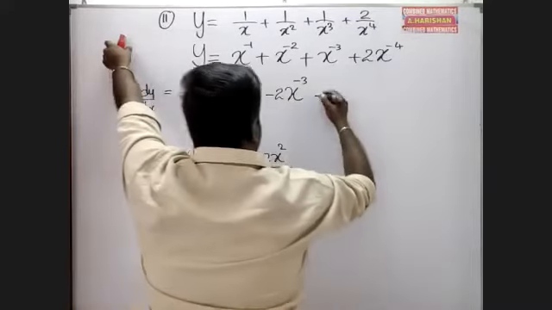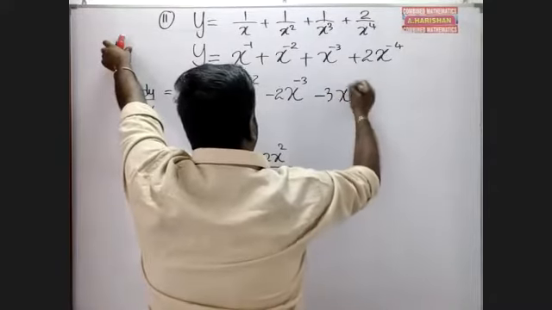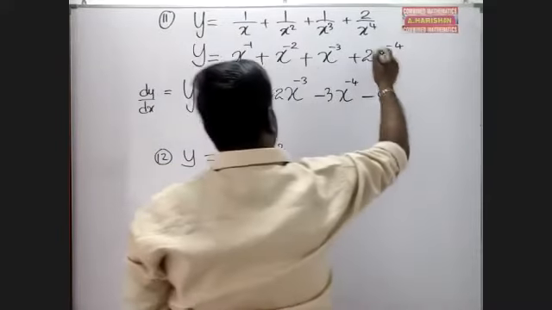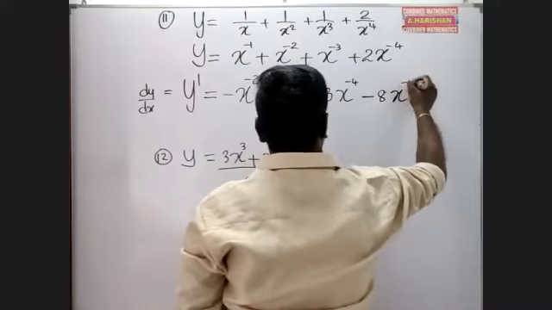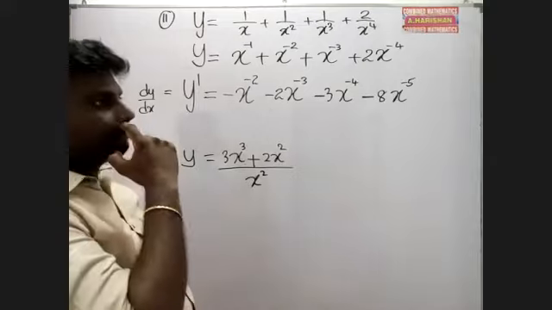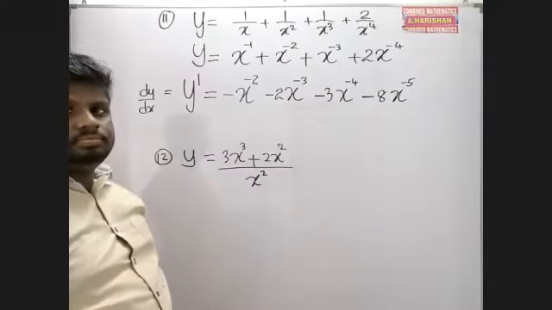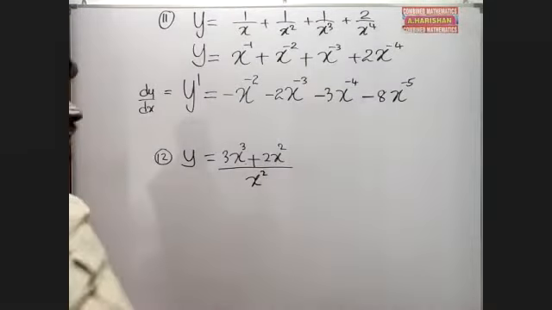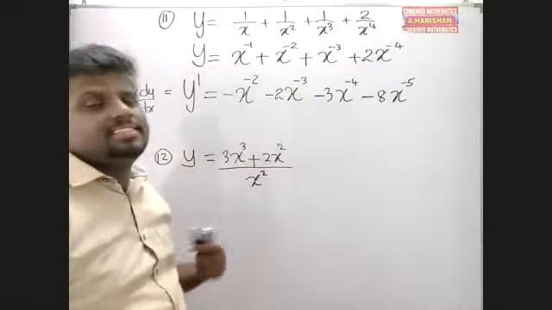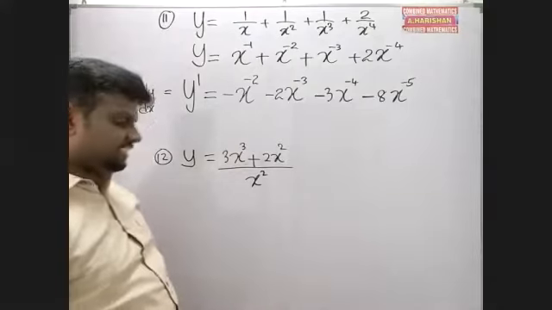And put this minus 3 down, subtract 1. And put this minus 4 into 2, minus 8, subtract 1. That's it. If you have done like this, 100% correct.